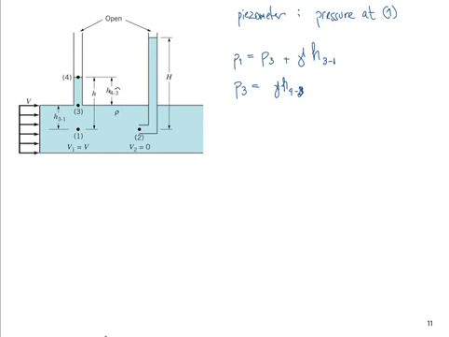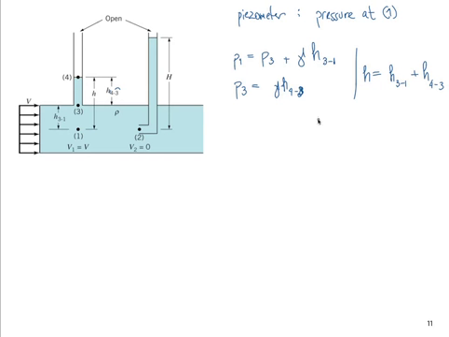And so the total H between 1 and 4 is H31 plus H43. That's the total H drawn here. And so we use that height of fluid to determine the pressure at 1, like we did with the manometer problems.